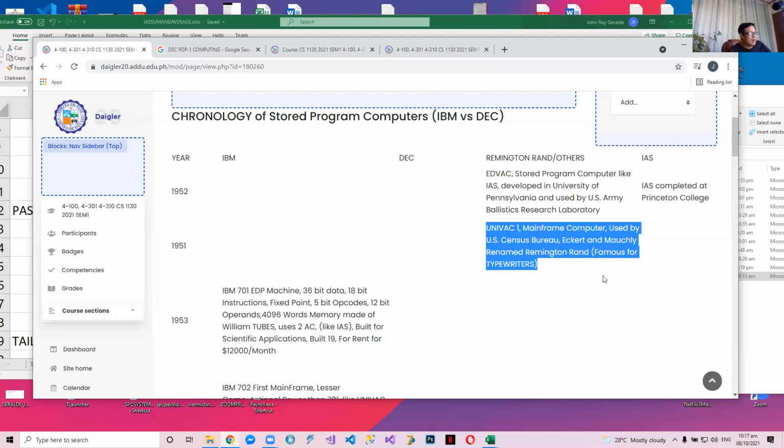Now Remington Rand, remember, is a manufacturer of famous typewriters. You should have a very good typewriter if you have a Remington Rand. So UNIVAC 1 is also a stored program concept, but was not developed commercially. It was given to the US Census Bureau. And the IAS in 1952.